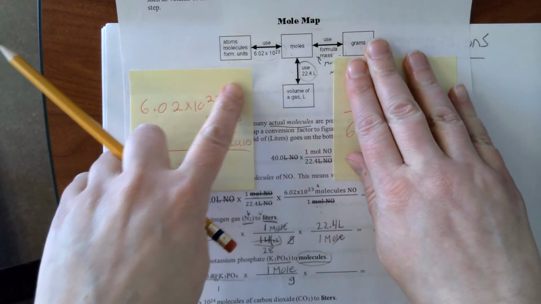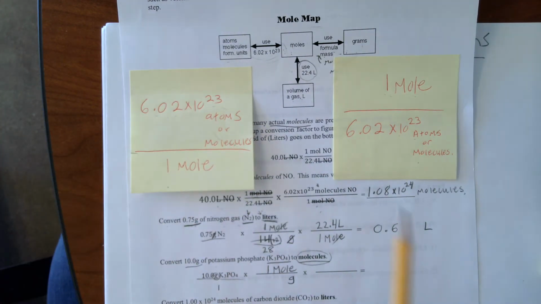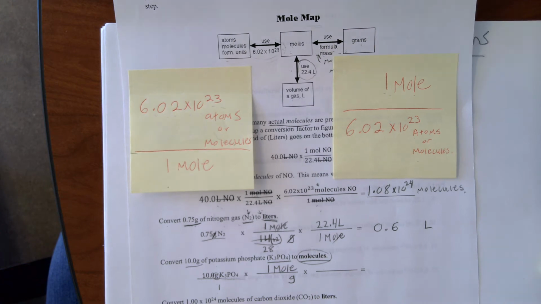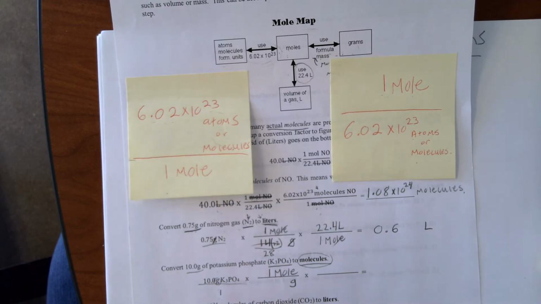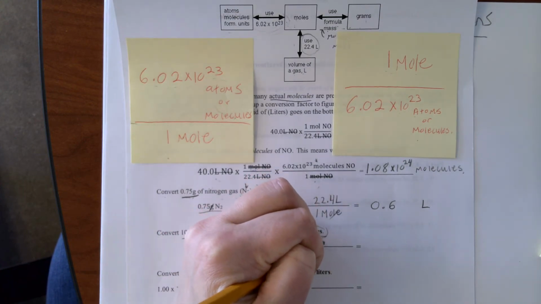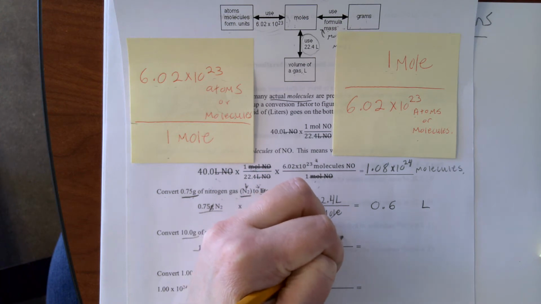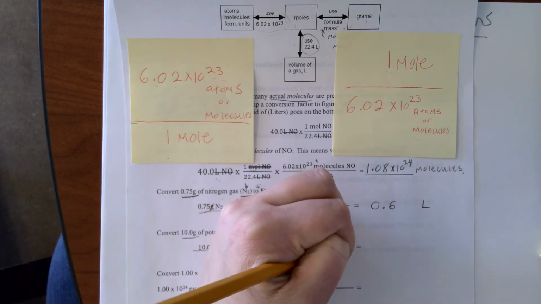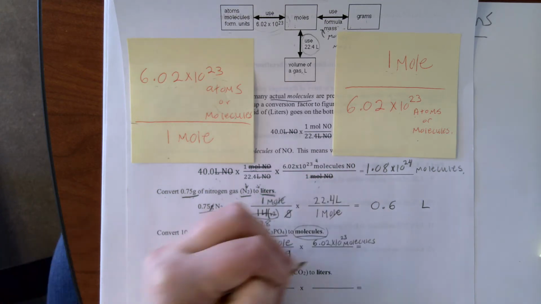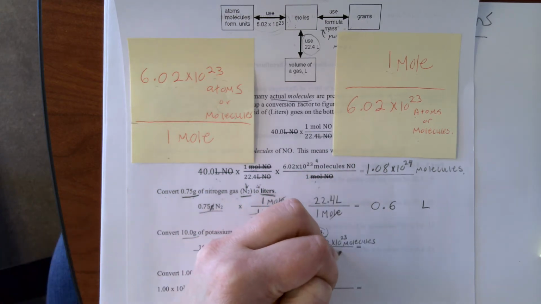It's either one of these. Which one do we use? That's right, we use this one because mole is on the bottom, and we want to get rid of these moles. So you write 6.02 times 10 to the 23rd molecules over 1 mole.